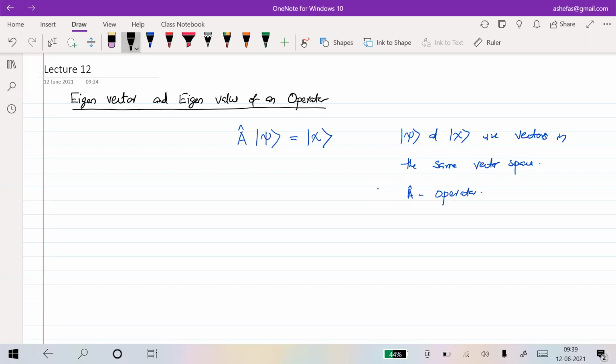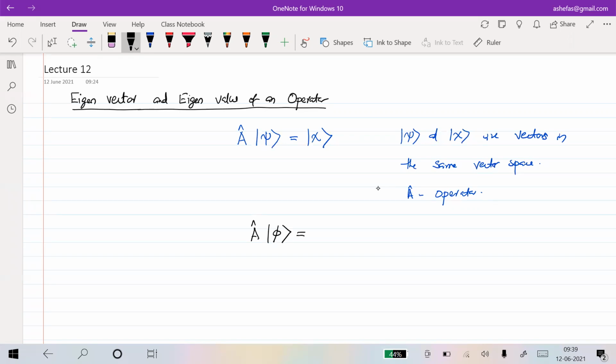Now sometimes it may happen that certain vectors do not change on the action of an operator. What happens is, on such action of the operator, those vectors just scale up or scale down. That means mathematically, suppose the vector is phi.